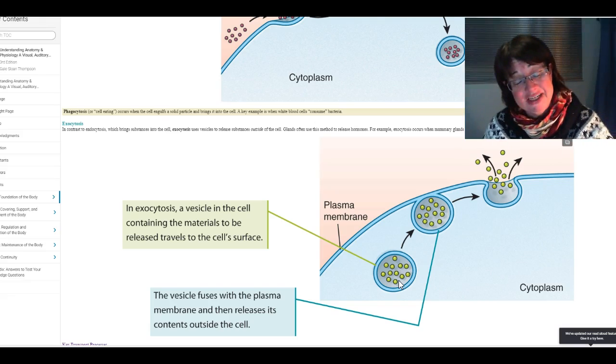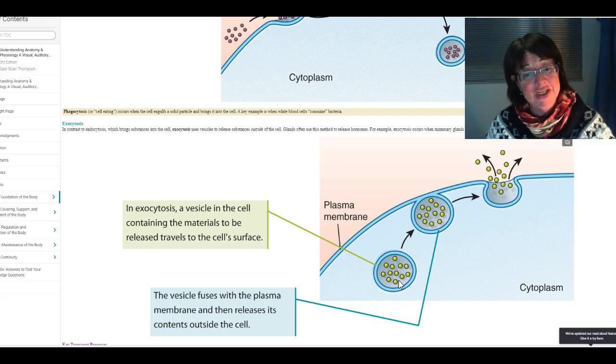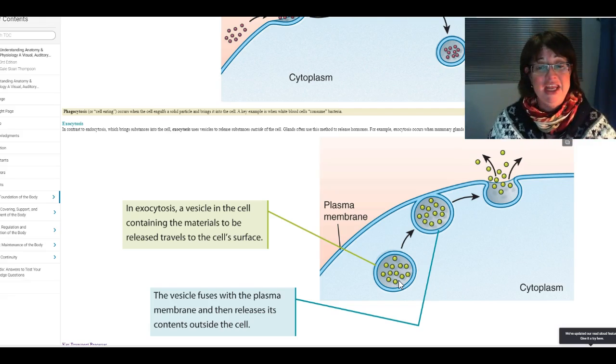In the endoplasmic reticulum, the proteins were then folded and shaped. Then they go to the Golgi, and in the Golgi they fuse with lipids, and then the Golgi will send off these vesicles, which then fuse with the membrane, and these specialized proteins are released.